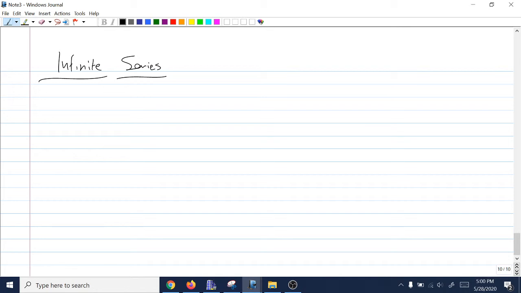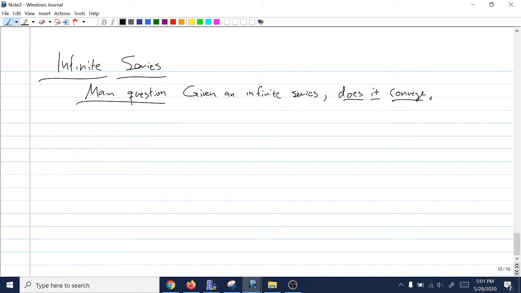The main question is that given an infinite series, does it converge? For exam 1, most of the points on the test were here's an integral, do it.